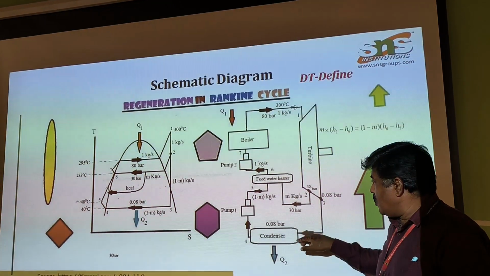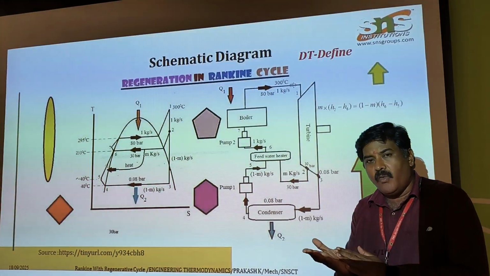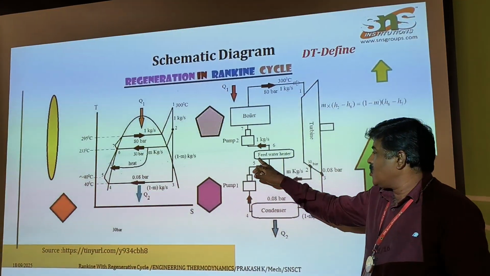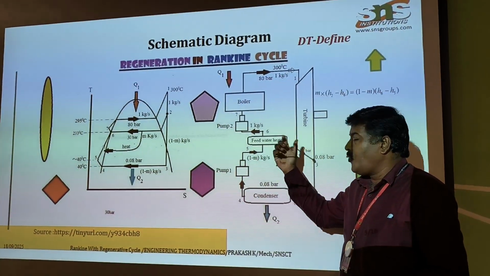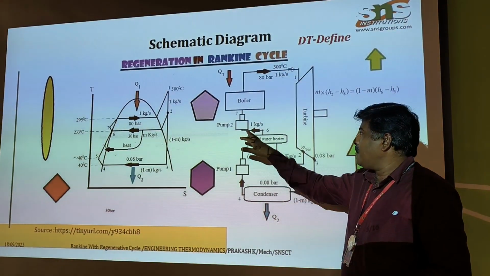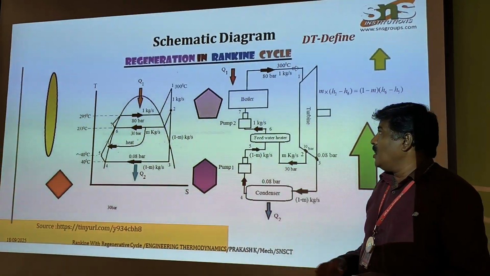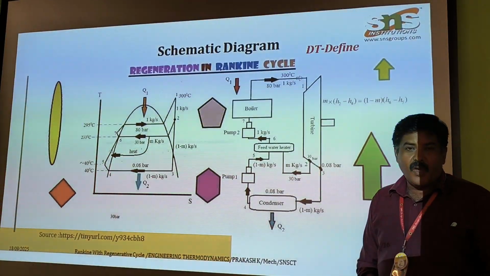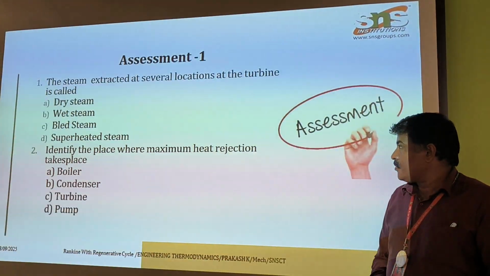The working principle is the same as the Rankine cycle, with the small modification that some heat is taken and used to heat the feed water. The water is preheated in the feed water heater before going to the boiler. This is the defining part of our regenerative Rankine cycle.